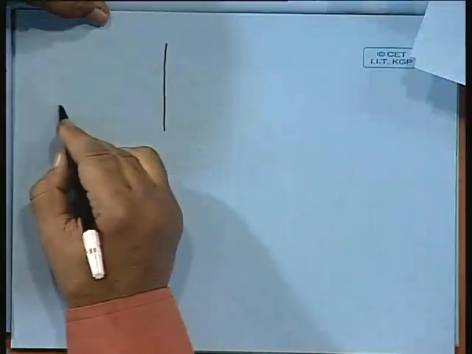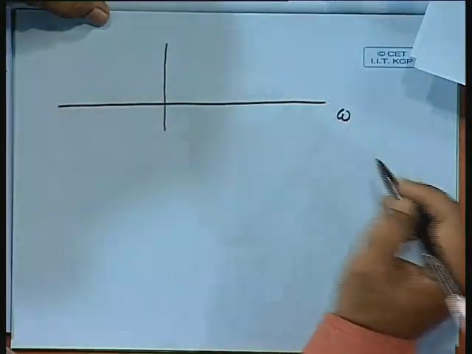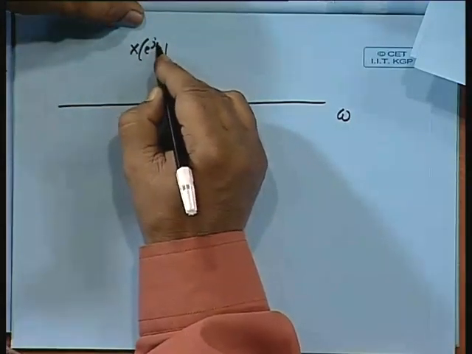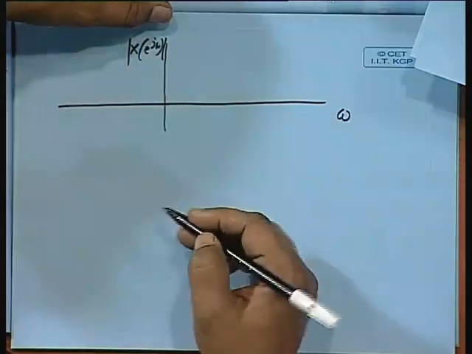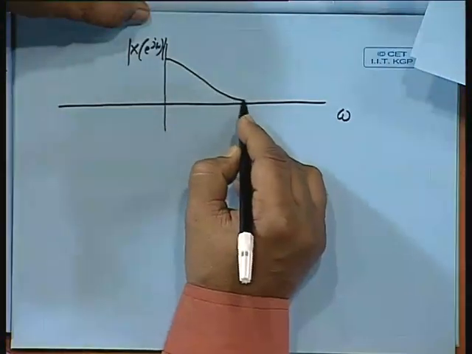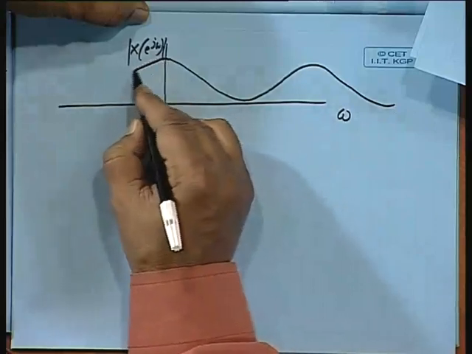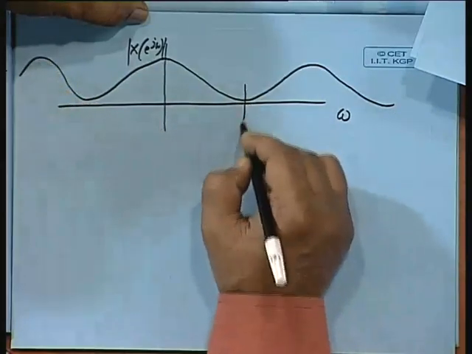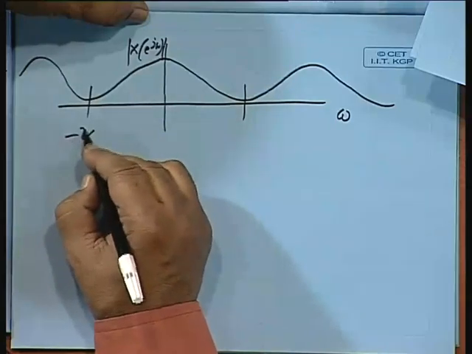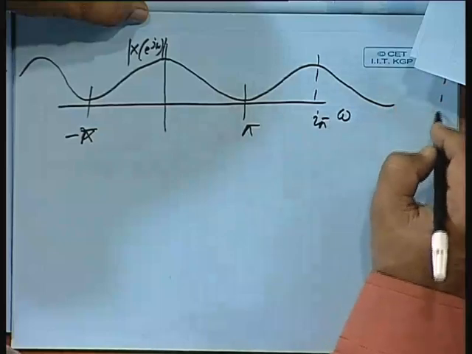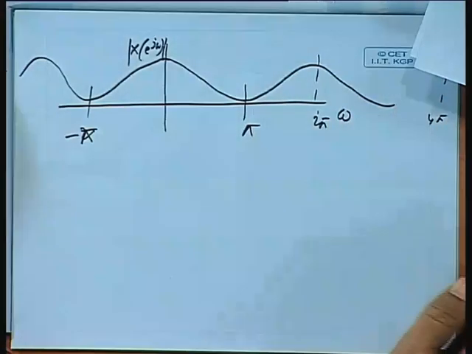So, if I now plot ω against X(e^jω), you take its magnitude as well as phase, either way it is a periodic function, maybe like this, and this is 2π, minus π to plus π, 2π, then 4π and so on. So, it is a periodic function.